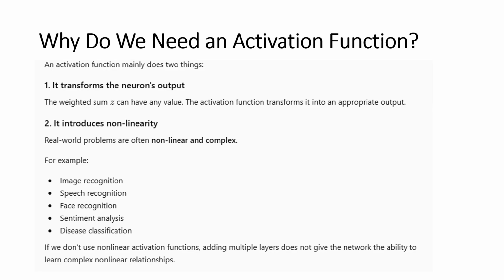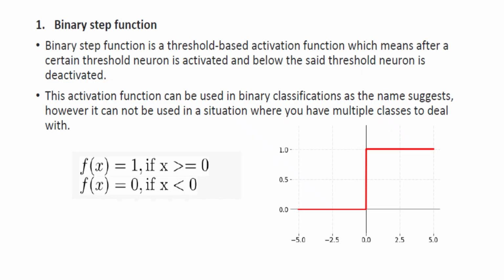You need two classes, right? So the weighted sum that you're getting out of the neural network should be transformed into either 0 or 1. In order to transform that, we use something known as an activation function. It tells us whether we have to fire or activate the neuron or not. It also introduces some non-linearity, so it will help us to learn more complex patterns.